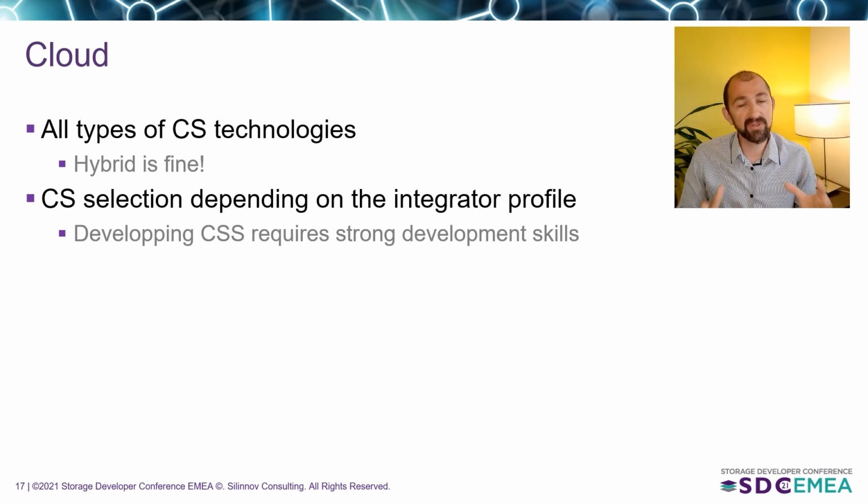If you want to use a specialized CS device, it's quite easy. You just have to put it in your system, it's like plug and play, and configure the different parameters, and that's it. If you want to use a general-purpose CS device for your own computational storage services, then that will require very strong development skills.